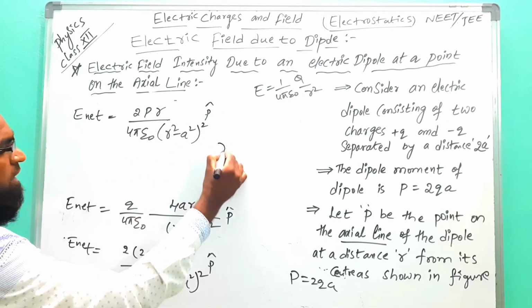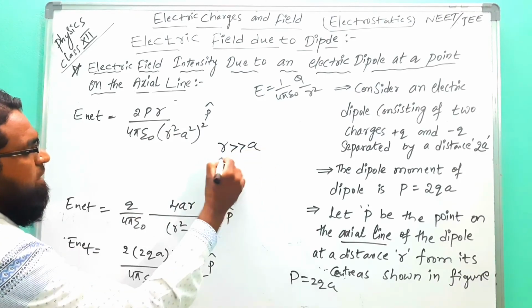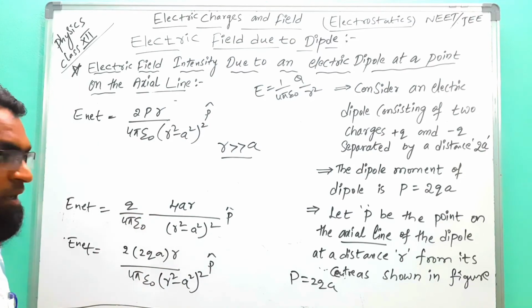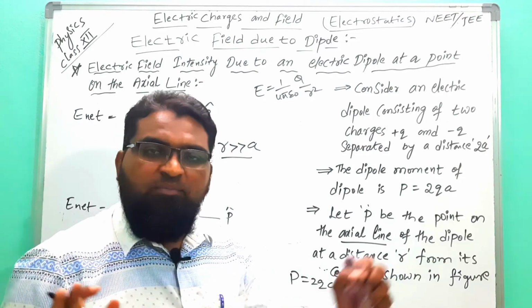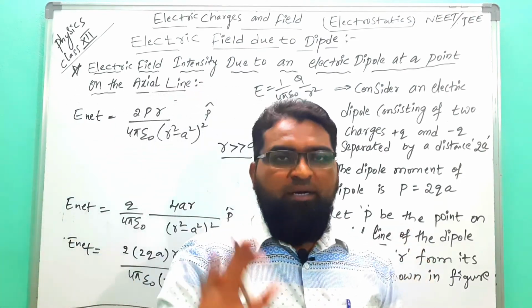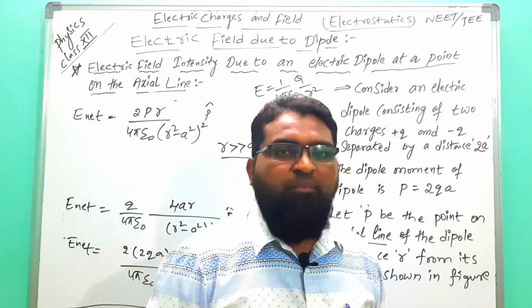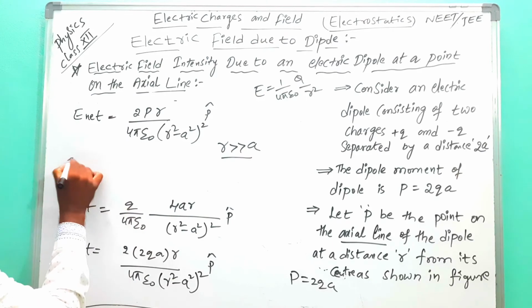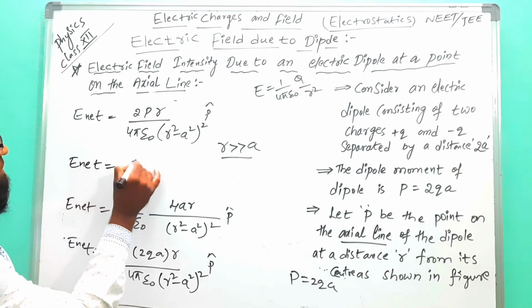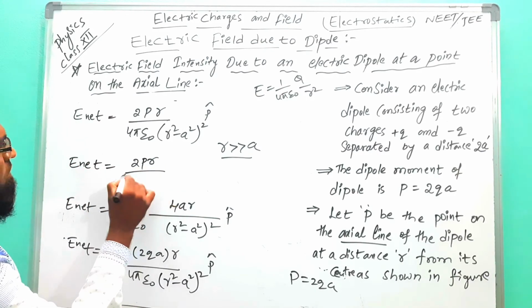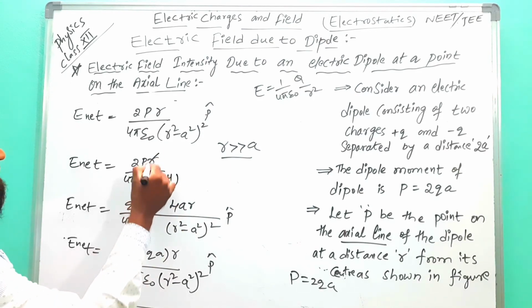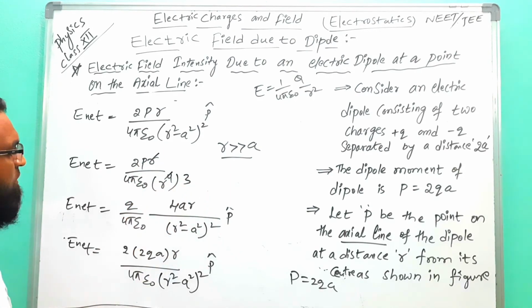Here consider r is greater than a. In comparison, the distance between the two charges is very small, but the distance to the p point is more compared to the distance a. So next step, E net equal to 2pr by 4 pi epsilon naught r power 4; one r is cancelled, r cube will come.